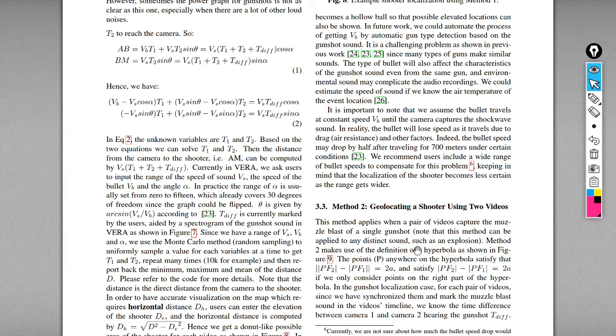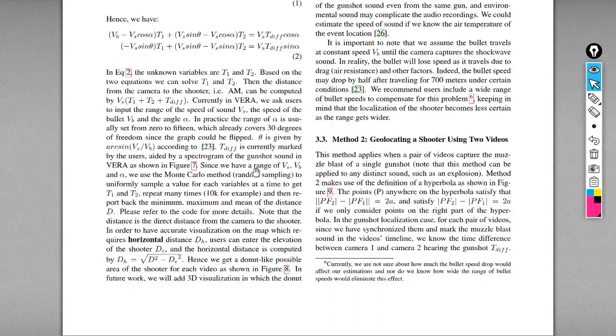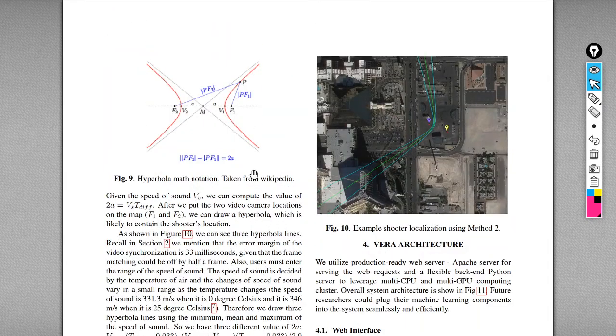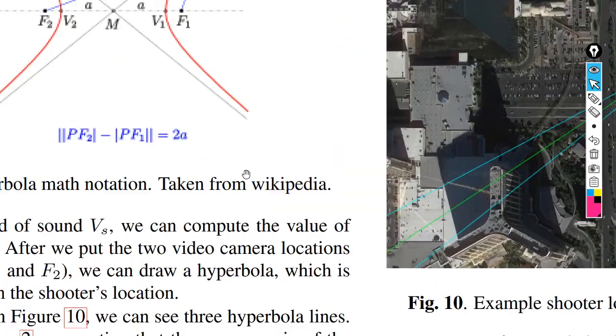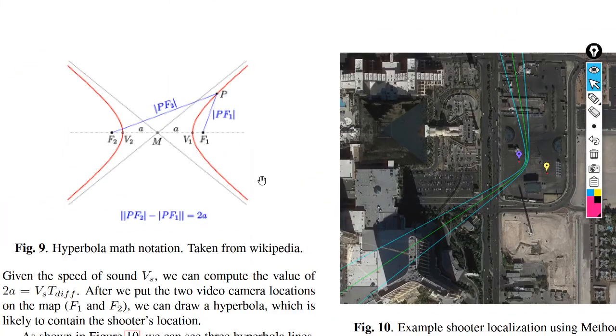And they say that it makes use of the definition of a hyperbola, which I just told you what it is, as shown in figure 9. Let's go down to there. There's figure 9. I might have to enlarge this a little. Okay, so now we get down to what I was talking about. The videos that we synchronized would be located at F2 and F1, although I kind of swapped them.